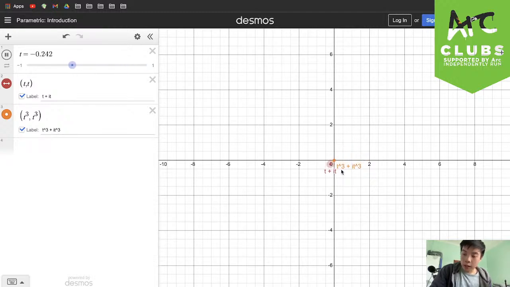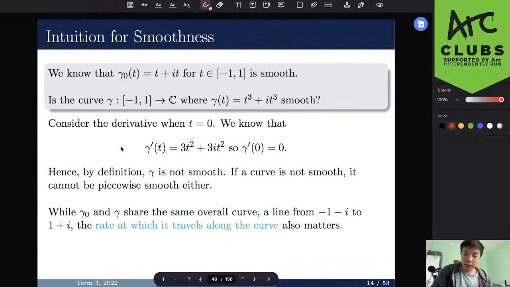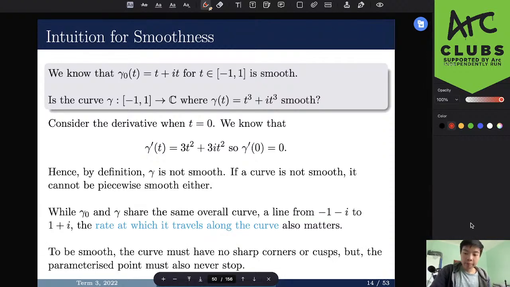So our orange point right here isn't continuously smooth like the red point. The red point's just continuously moving, but our orange point right here has a pause and then keeps going. So what we actually see is that not only does it matter that there are no cusps or sharp corners, it also matters that the point is continuously moving.